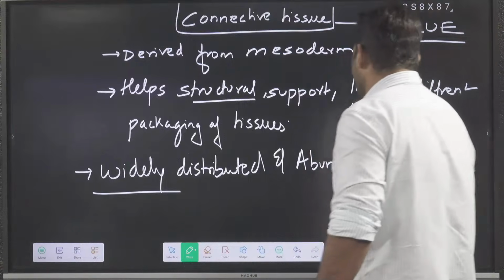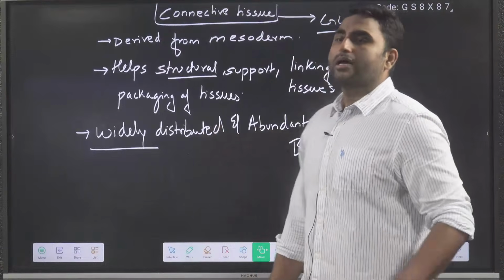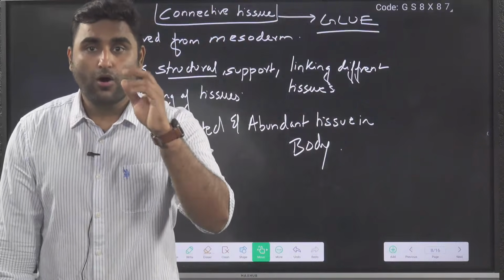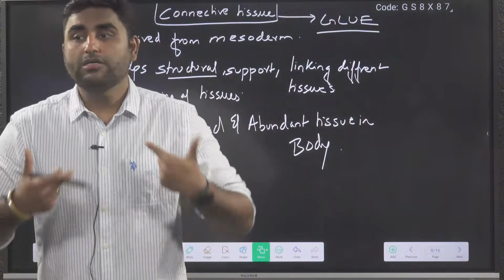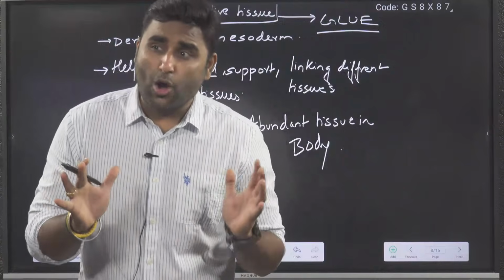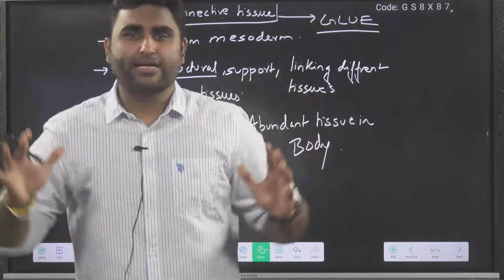Now you tell me, connective tissue does not make the inner lining or the outer protective covering. So do we require very compact packing here? Do we require a large number of cells?